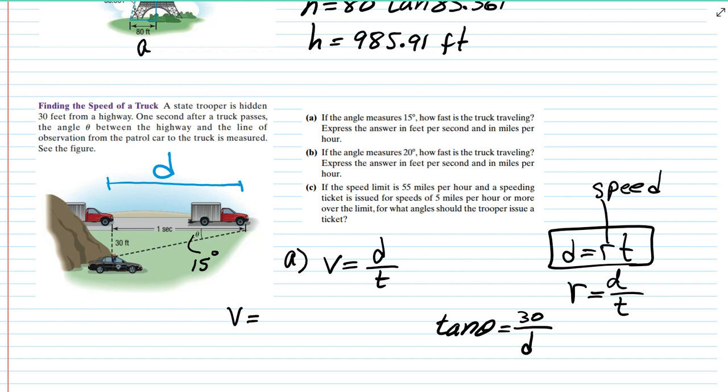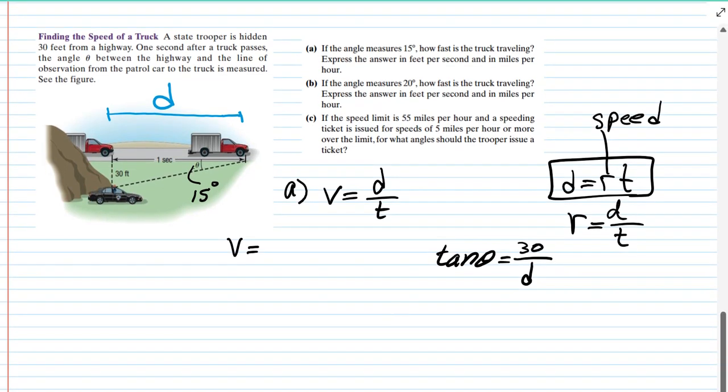Notice it would be incorrect to say that's 30 over 1. Just because it's a number doesn't mean that's the correct number. That's 1 second. It's not the measure of a distance. Now, if I cross multiply this, what am I going to get? I'm going to get d tangent, and theta is 15 degrees in part A, equals 30.